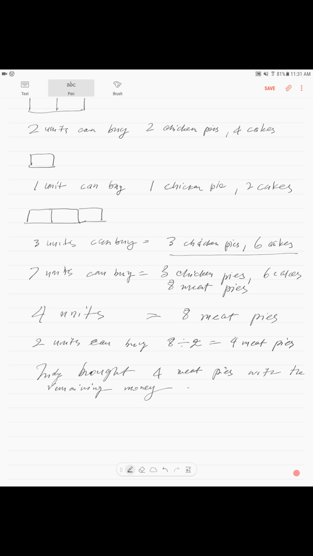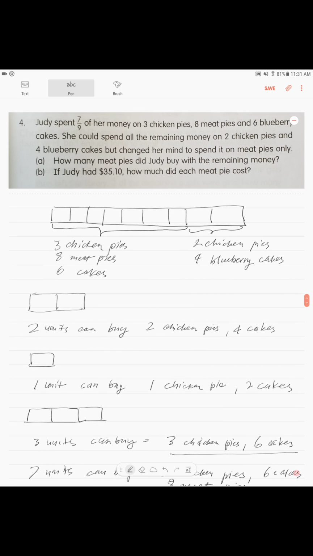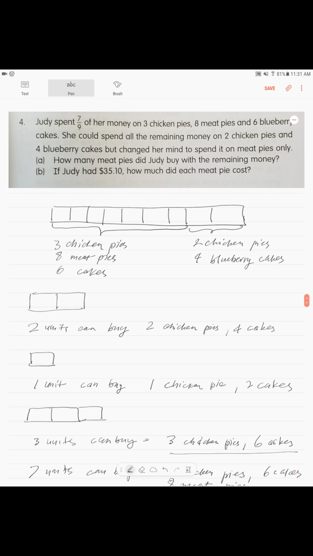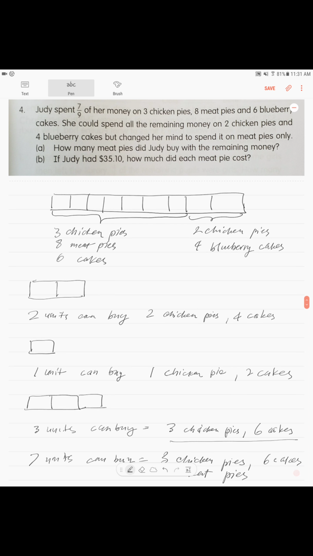All right, that was our A. Now let's return to our question B. Our question B tells us, if Judy had $35.10, how much did each meat pie cost? Okay, so let's think about it.